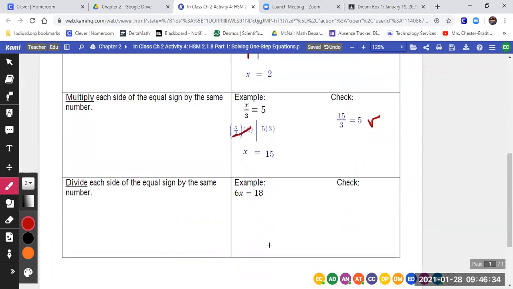Okay, so we're doing the opposite of what's already there. So what does it mean if the 6 is stuck to the X? Add, subtract, multiply, or divide. Okay, it means multiply.